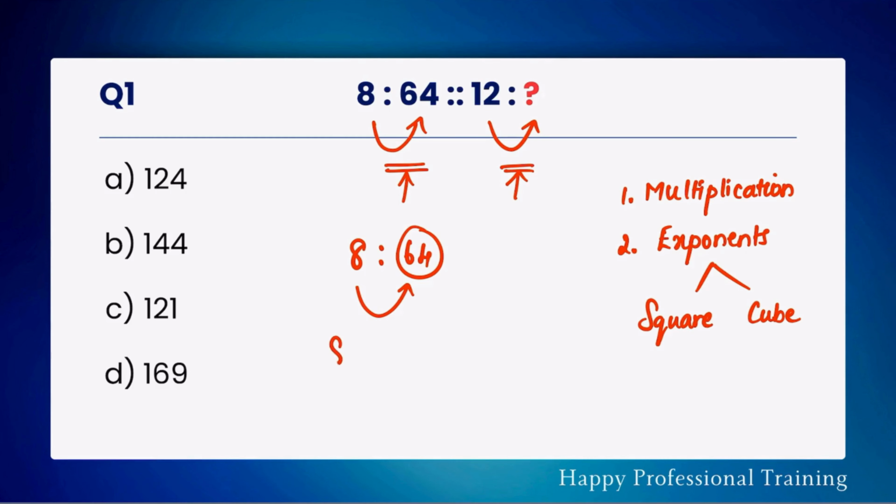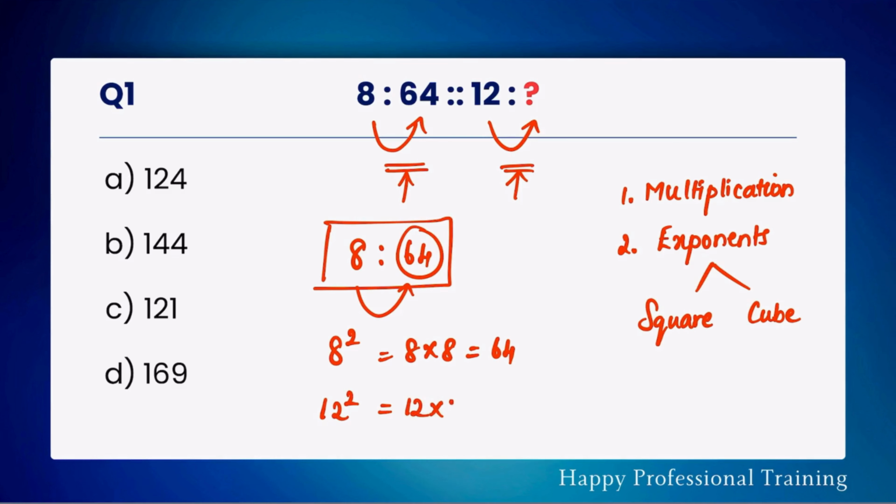Square the first number, 8 square. What is 8 times 8? It is 64. Perfect. That matches the first pair. Now we just have to repeat the same idea for the second pair, which is 12 square. What is 12 times 12? It is 144. So the answer is option B.